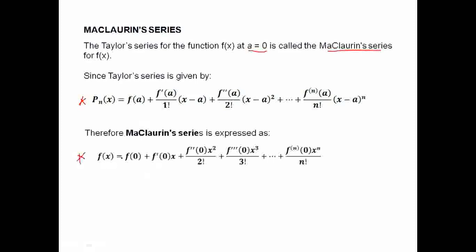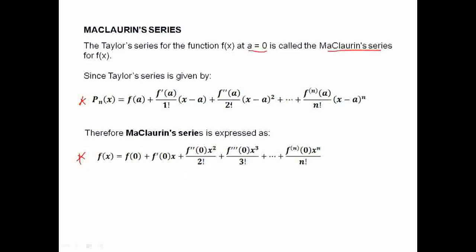So f of x is equal to f of 0 plus f prime 0, then x plus f double prime 0 x squared over 2 factorial plus f triple prime 0 multiplied by x cubed over 3 factorial plus dot dot dot plus f nth derivative of 0 multiplied by x to the power n over n factorial. So this is the Maclaurin's series.